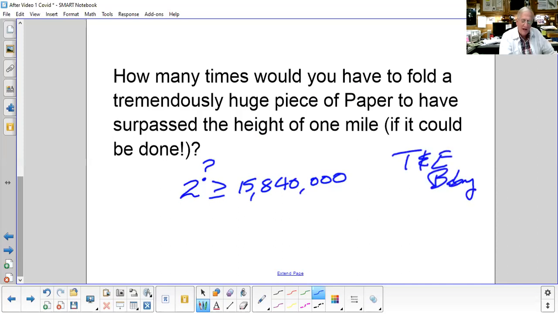And by trial and error, I should be able to get pretty close to this answer fairly quickly. What that means is I just start taking powers of 2 until I beat or equal 15,840,000 sheets. Okay? So let me get the calculator back up here again.